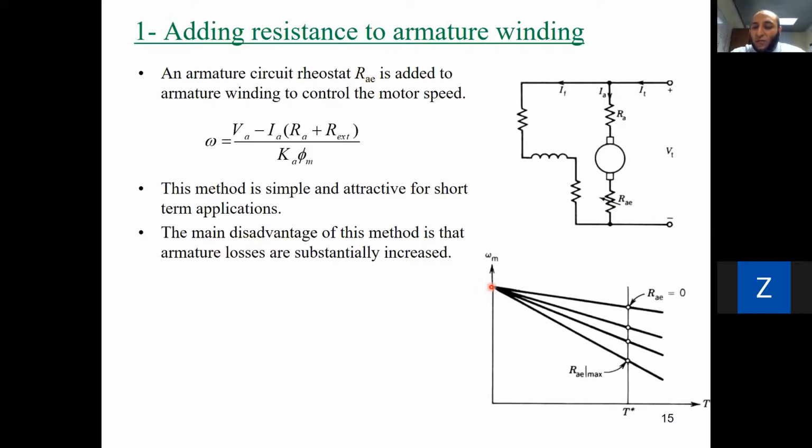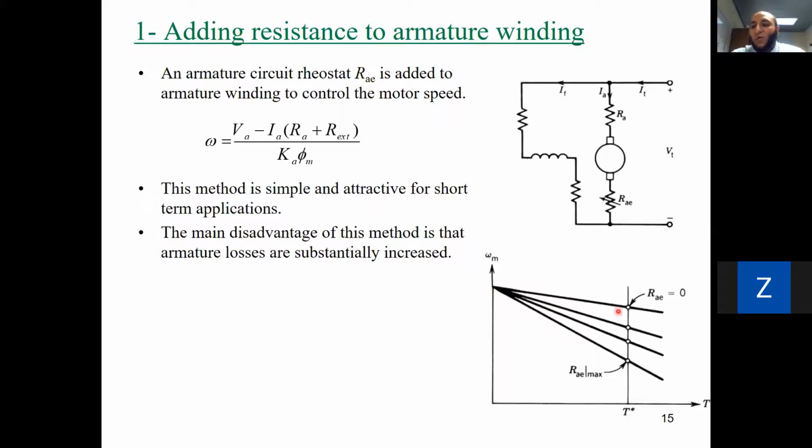So it's independent of the resistance value. So by changing the resistance, all the time, the no load speed will be the same.